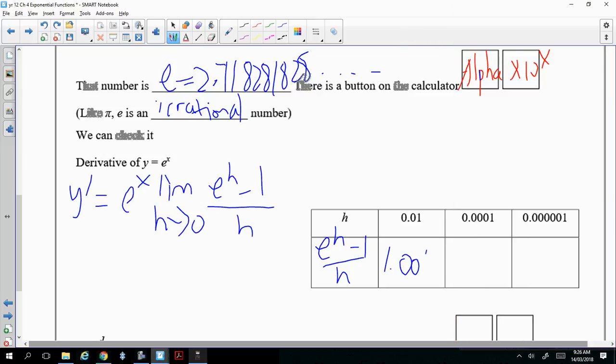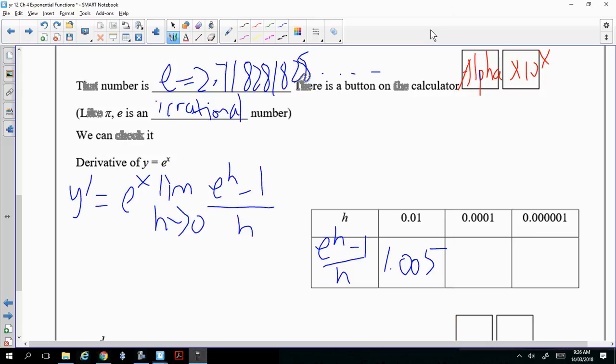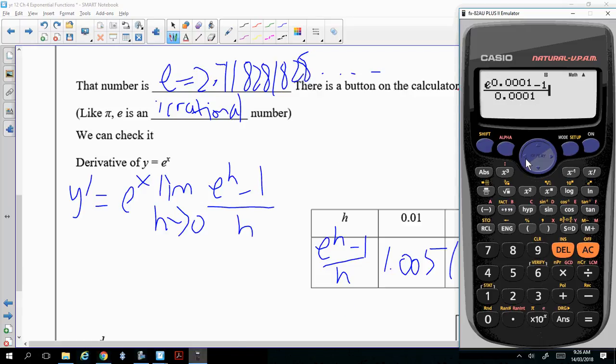Does it actually reach 1? We'll find out. You get 1.0005. So it's really getting closer and closer to 1, isn't it? And if we put even more zeros, you will get very close to 1. Yep, it is getting very close to 1. It's approximately 1.